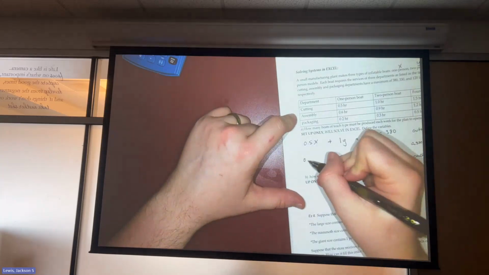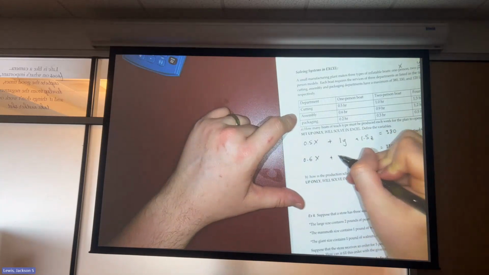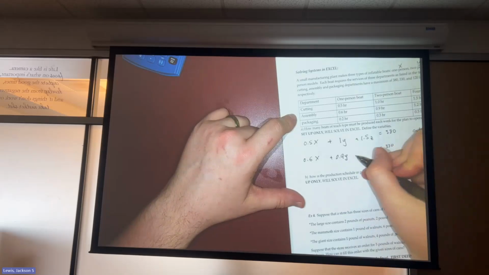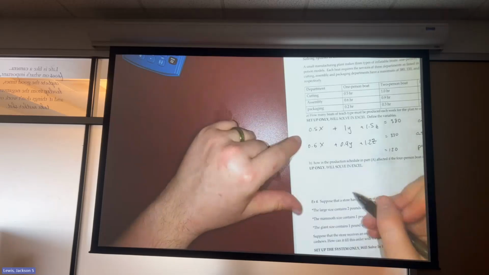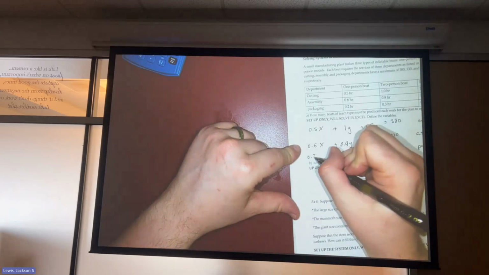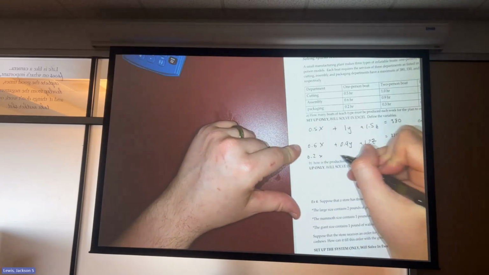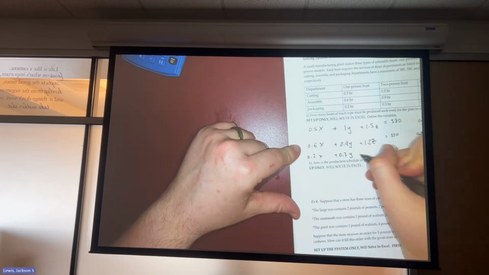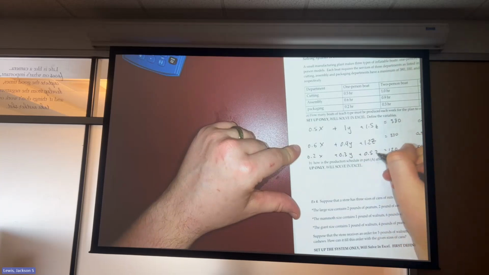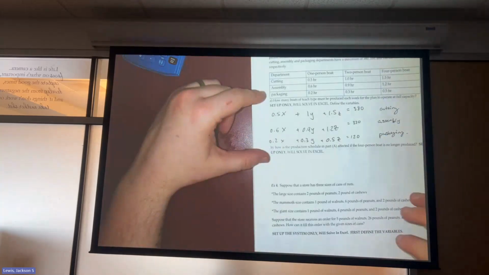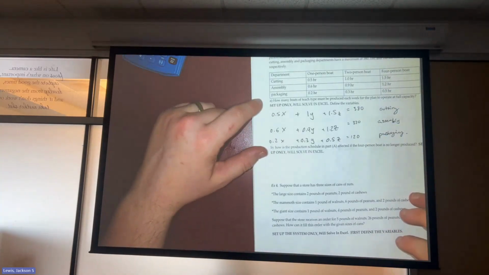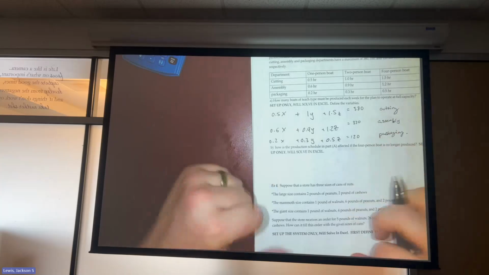Assembly can spend 0.6 hours on the X boat, 0.9 hours on the Y boat, and 1.2 hours on the Z boat. And lastly, packaging can spend 0.2 hours on the X boat, 0.3 hours on the Y boat, and 0.5 hours on the Z boat. It says just to set this up, so we just set this up and we'll do this in Excel. We can also turn this into an augmented matrix, but in Excel, this will be just fine.